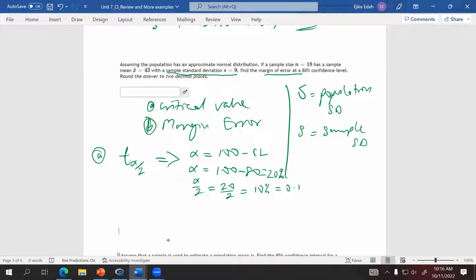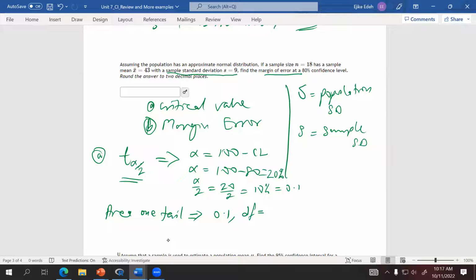Okay. And so remember that I've divided alpha by 2. So what I know here right now is the area to 1 tail right is 0.1. That is the area of interest. So I'm going to go to the T table to find out this critical value using the area of 0.1. But we also know that on the T table, we need the degree of freedom.